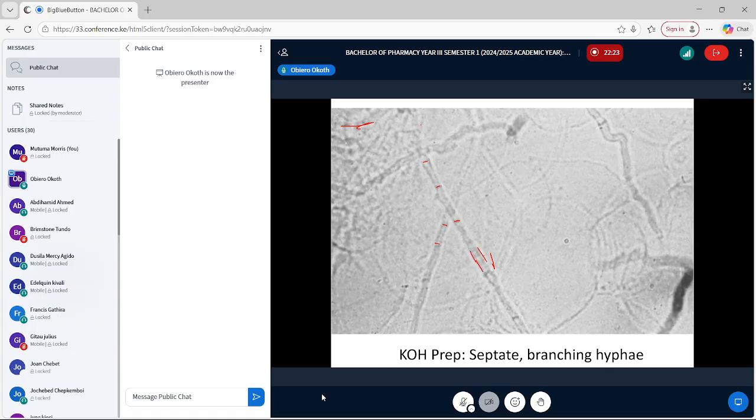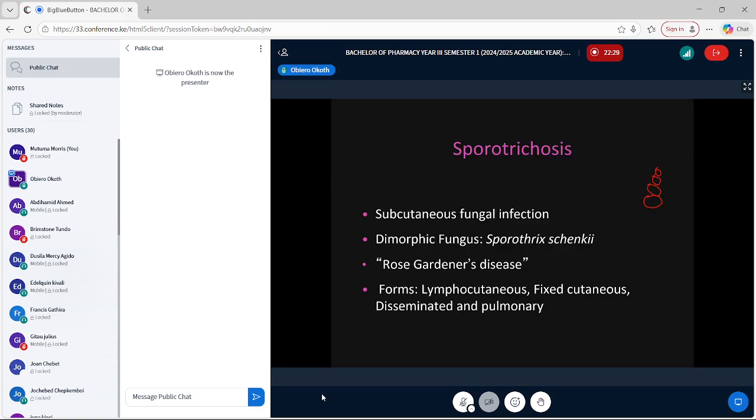So it has both, like a shapeshifter. We get it mainly from a thorn prick, which is why it's called rose gardener's disease. It could be lymphocutaneous, it can be just on the skin, it can be disseminated, but the best way is to just remember it as a subcutaneous fungal infection.